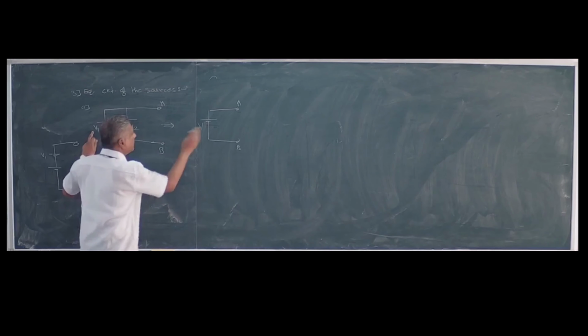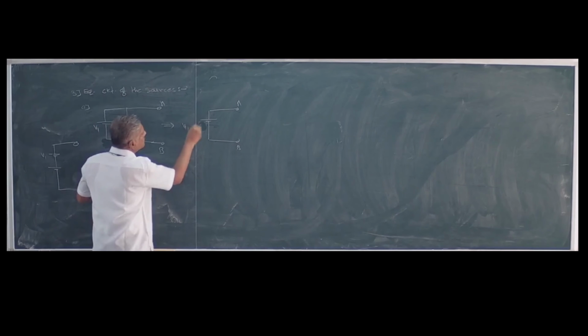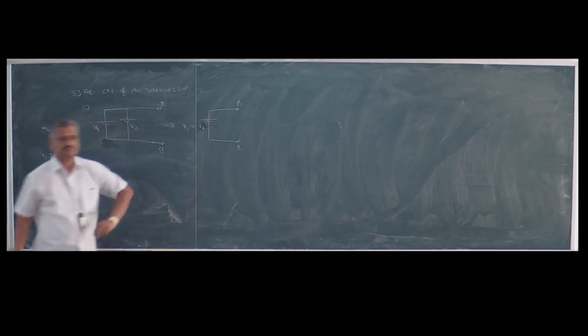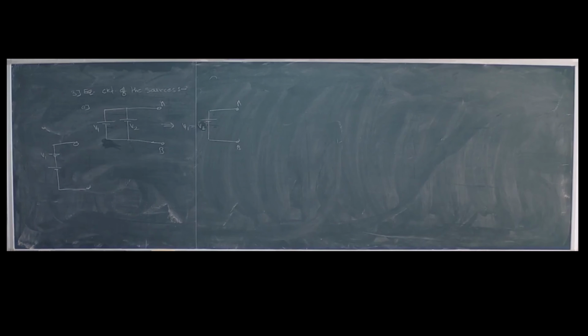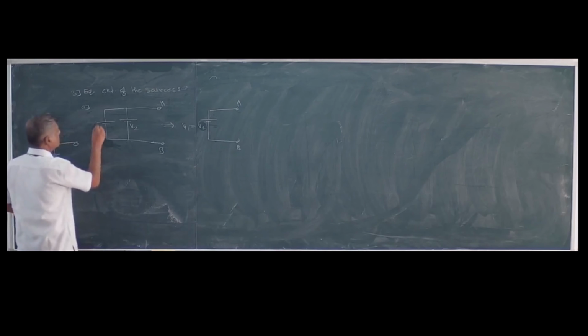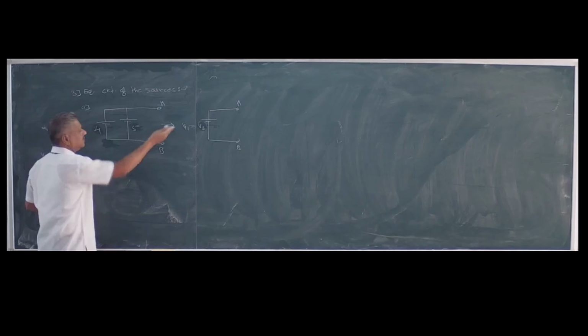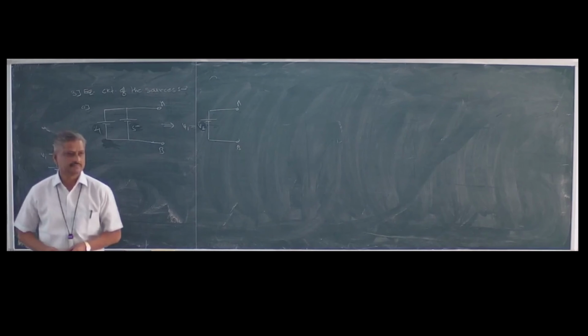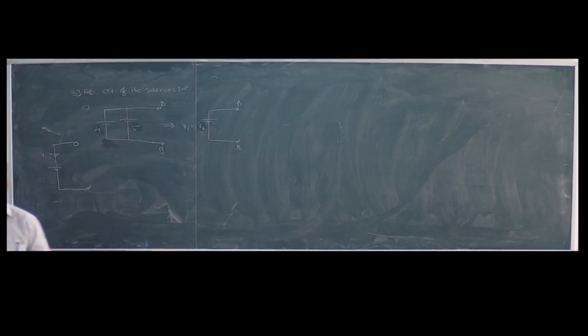Whatever here we have, this V1 is equal to V2. Is it right? But one can say, if it is 4 volt and it is 5 volt, then what will you write? You might be thinking the same. Yes? No.